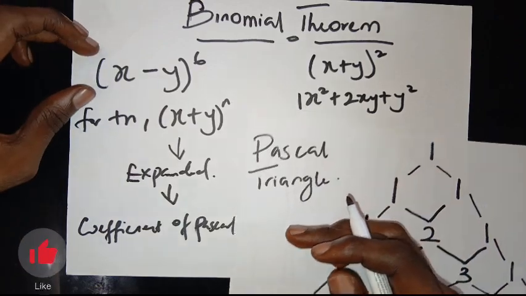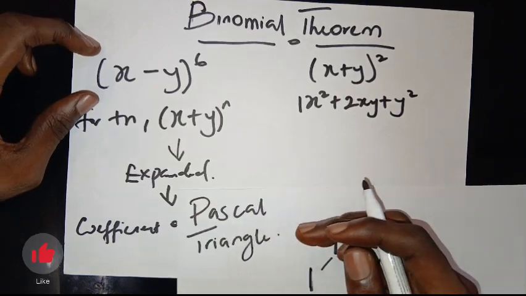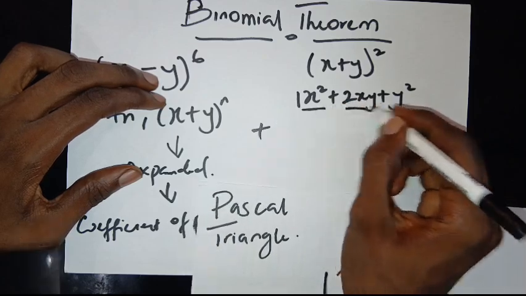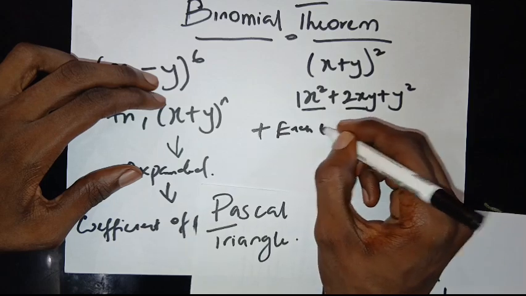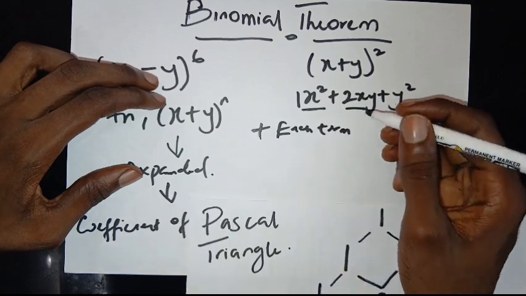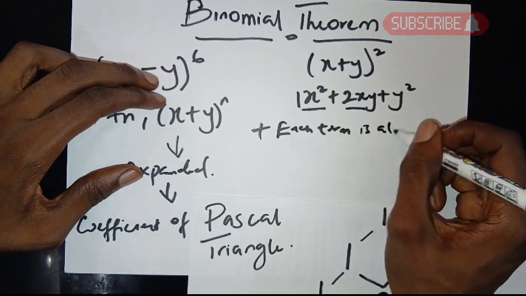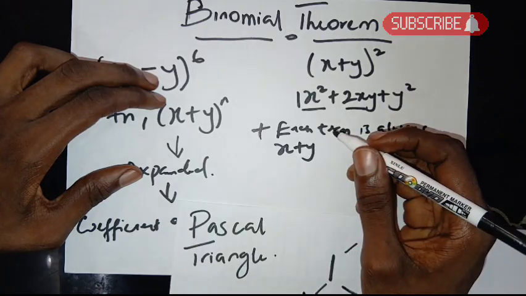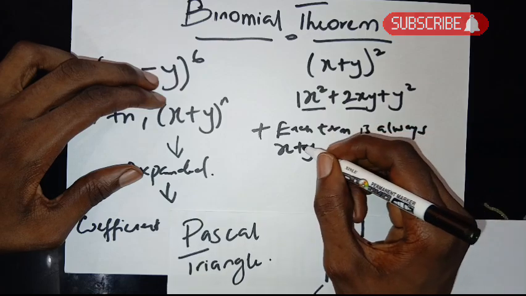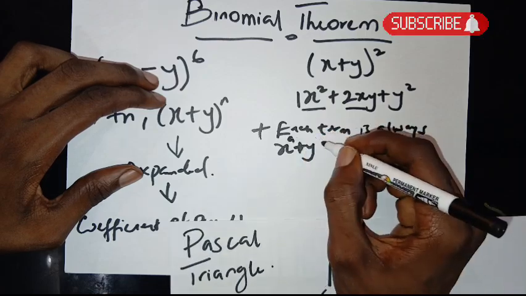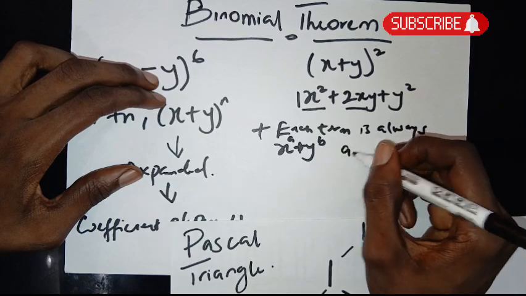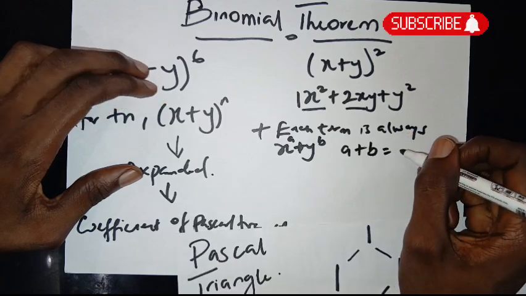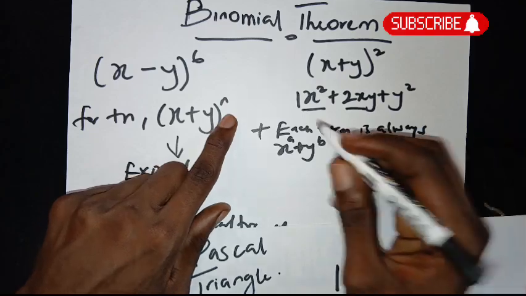So to do the example, one of the things we have to take note of is that each term in this is always x plus y. If x is a and this is b, then a plus b has to be equal to n.